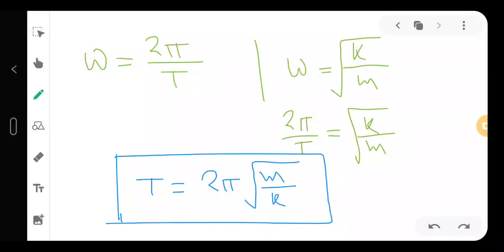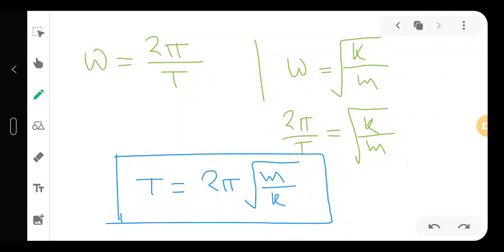But in case you have a very thin spring, you will see that my time period is high because the restoring force is very low. Same thing with mass. If the mass is higher, the time period will obviously be high.